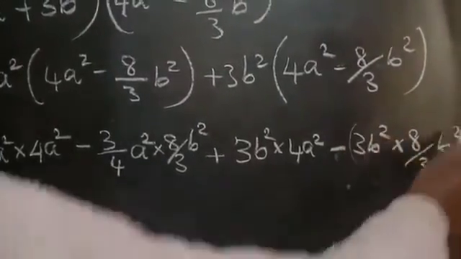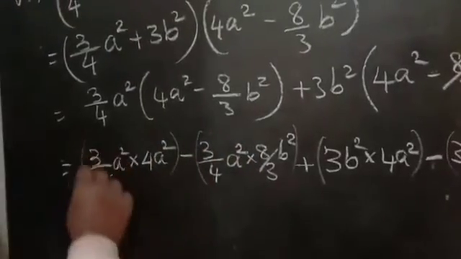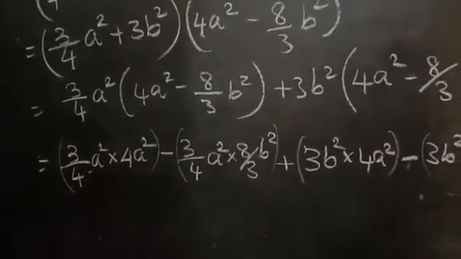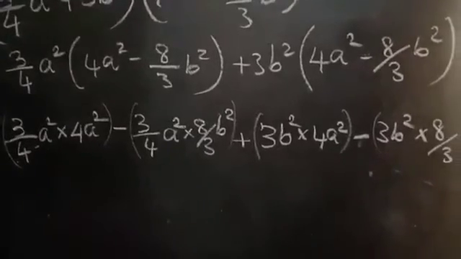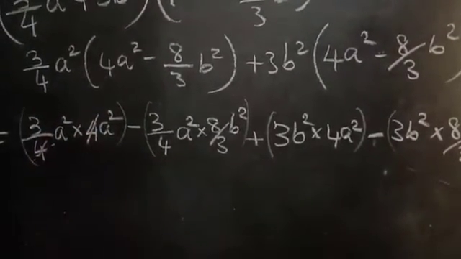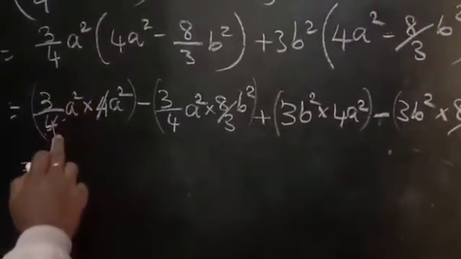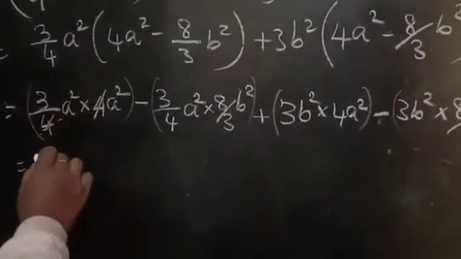Now this is one term, this is one more term, this is one more term, this is one more term. In this term, numerator and denominator get cancelled. Numerator 1 4s are, denominator 1 4s are. So remaining we have 3, and here we have 1 and 1 here. 3 ones are also 3.